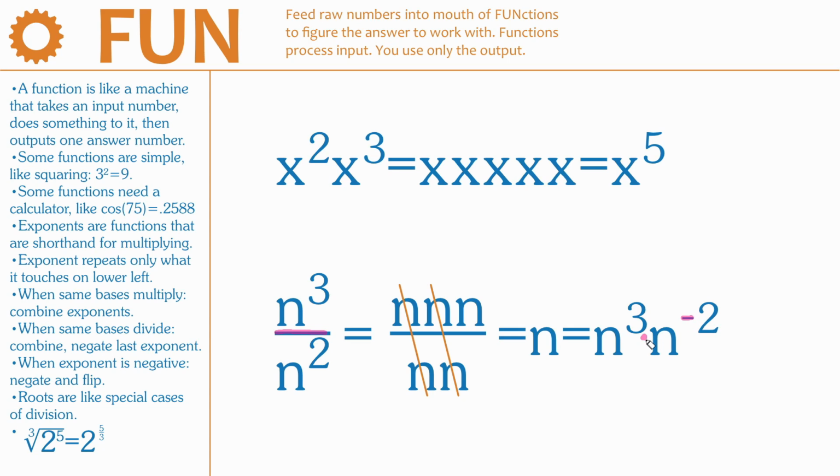We reverse the division to get times, so we make another reverse, counterchange: change to a negative. And now, of course, n to the 3 times n to the negative 2 is simply n to the 3 minus 2, which is 1. And n to the 1, any number to the 1 power, is itself.